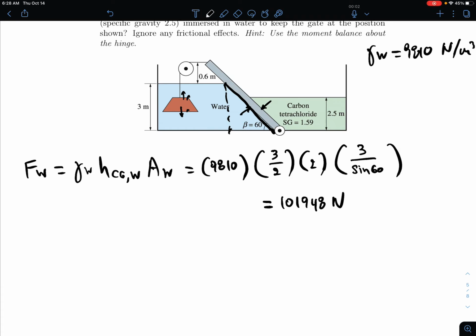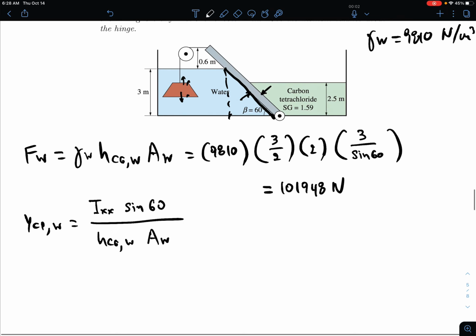And from our typical shapes, this is a rectangle, and we're going to use the moment of inertia approach, which says that YCP for water is equal to IXX times the sine of that angle, which is 60 degrees in this case, divided by HCG times A. Now, the IXX for a rectangular shape is given by BL cubed divided by 12.